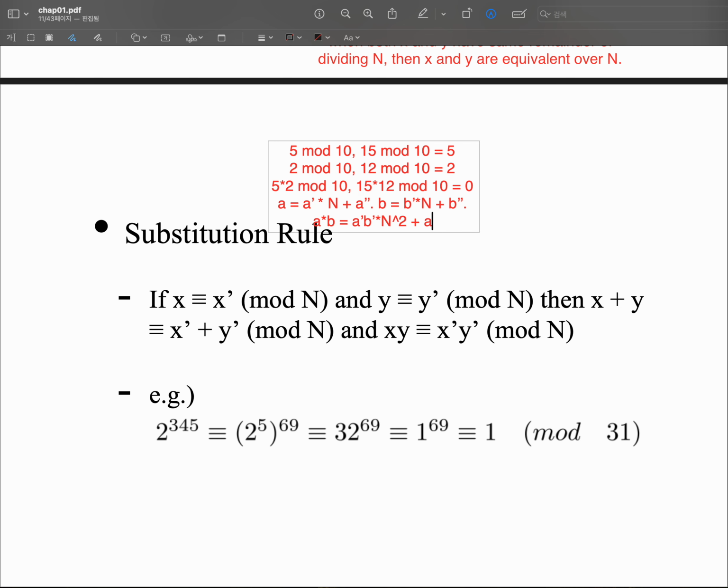plus A prime B double prime times N plus A double prime B prime times N, okay, plus A double prime B double prime, like here, okay.